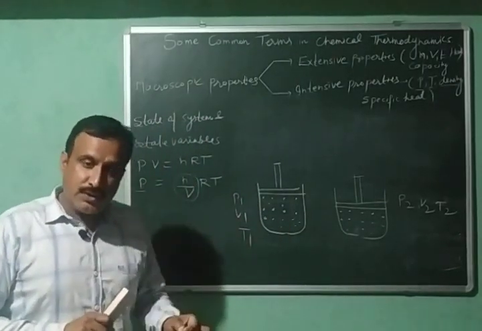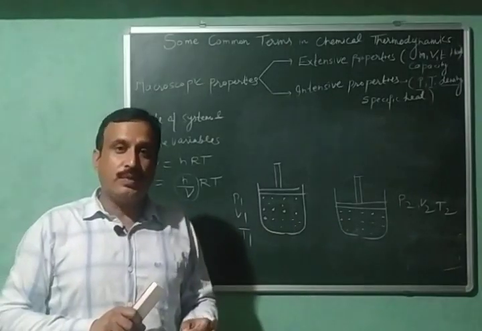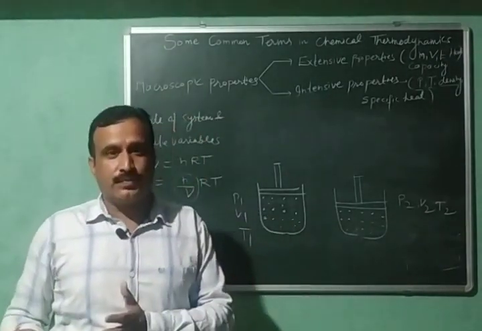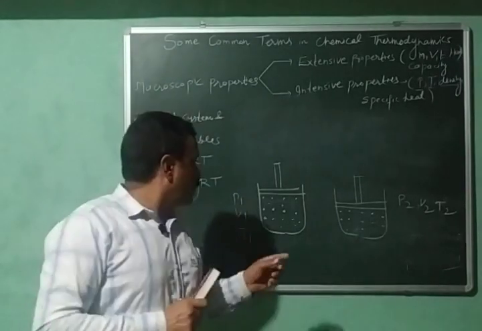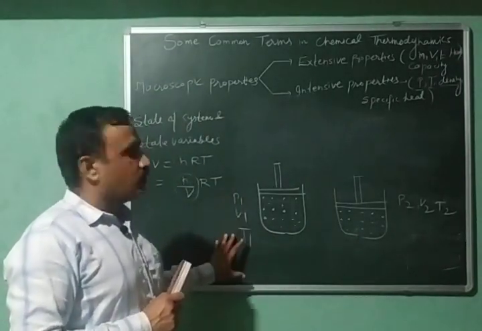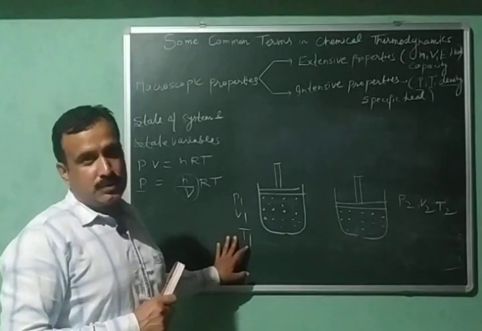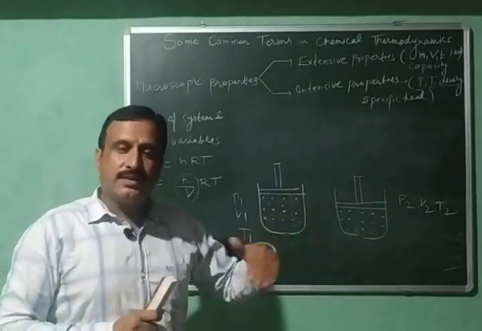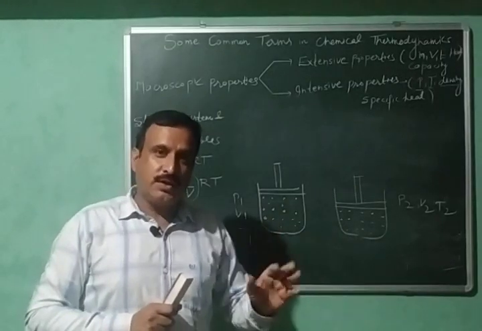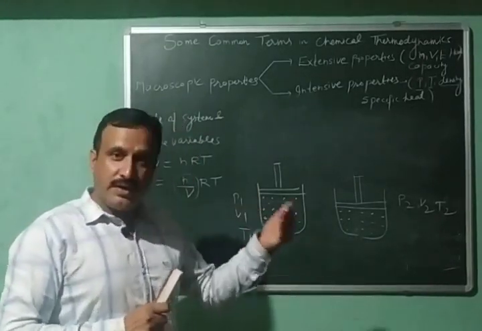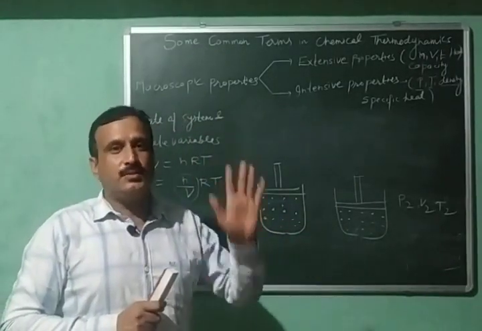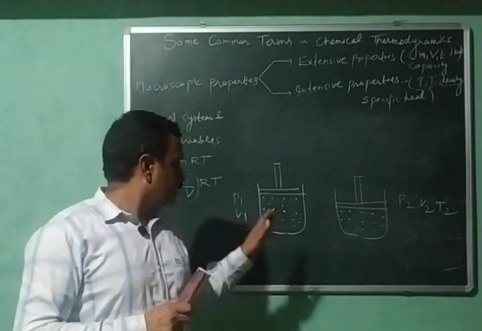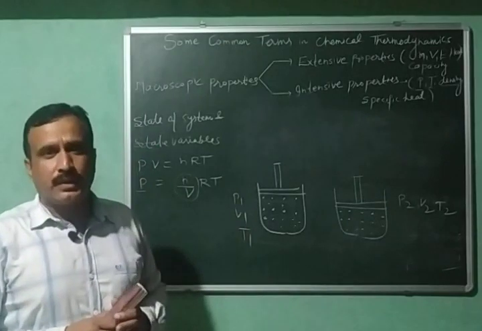So state variables are the macroscopic properties which are defining the state of the system. So these pressure, volume, temperature are called state variables, because if these variables are varied, the state is changed. If these variables are varied, then the state of the system is also changed. So these are the state variables.